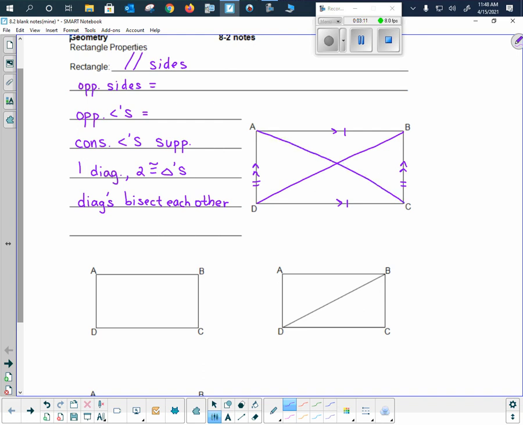And what that means to you is that from A to the middle, where they cross, equals from the middle to C, and from D to the middle and the middle to B. Okay, again, I'm not going to mark them because the picture is going to get more complicated quickly. All right, so these 6 things are what make this a parallelogram, if you will, and I'm just abbreviating that.